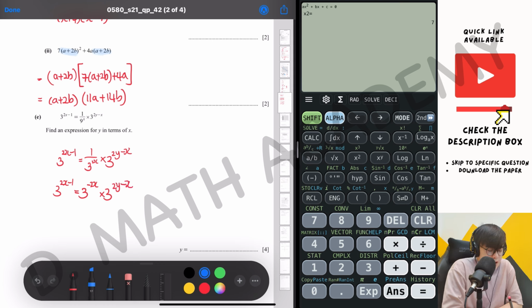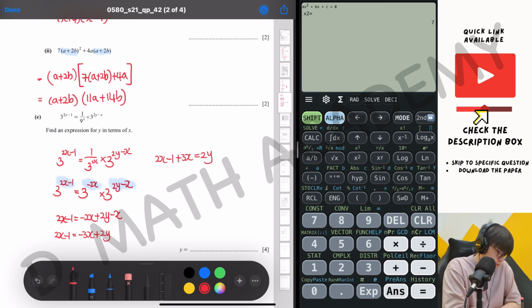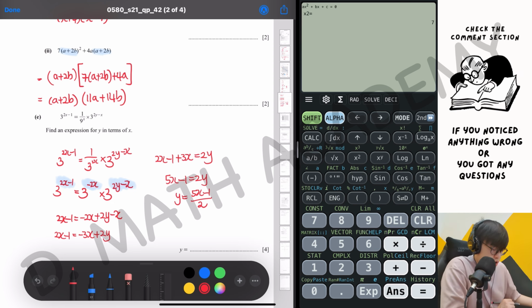So all these powers here, arrange them together. So last but not least, finish it up. So your y's result should be 5x minus 1 over 2. So this is how you get this E part done.